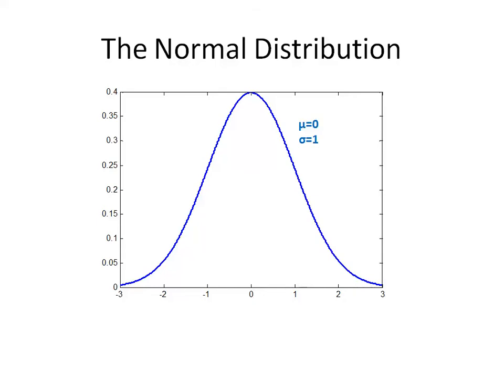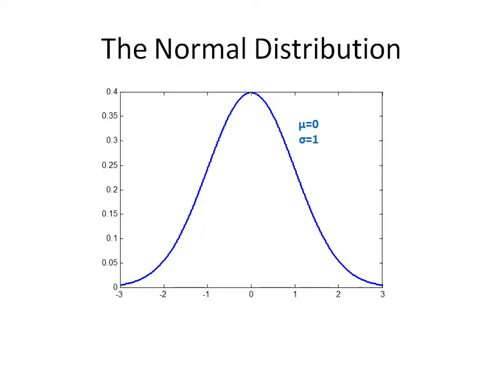So this is the same plot as you saw before, a normal distribution with a mean of 0 and a standard deviation of 1, and this part is just meant to be instructive of how the shape of the curve can change depending on how these parameters of mean and standard deviation change.